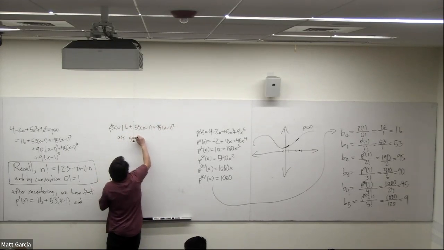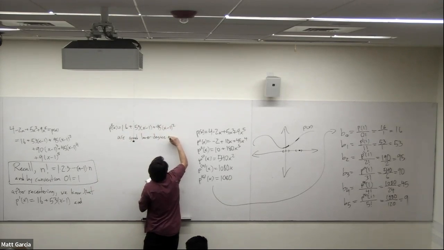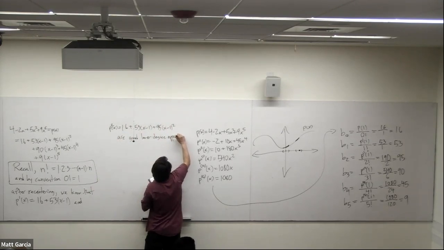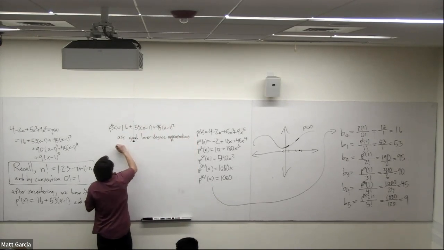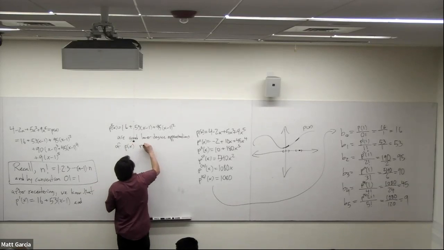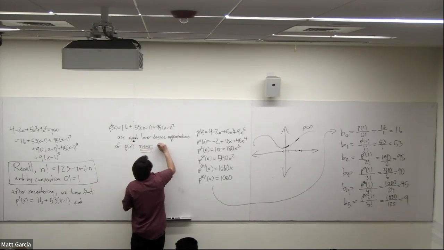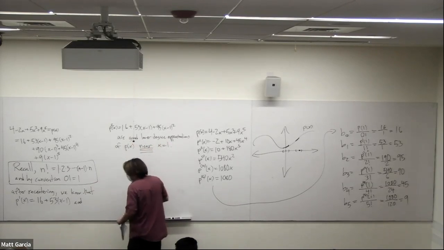Our good lower degree approximations of P of X near X equals 1.